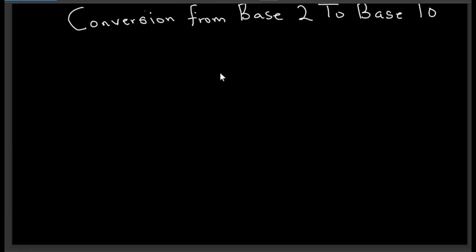Next on our list is conversion. But before we convert, let's talk a little bit about the base 2 number. The base 2 number is also known as binary number. So this is the binary number, also known as base 2.